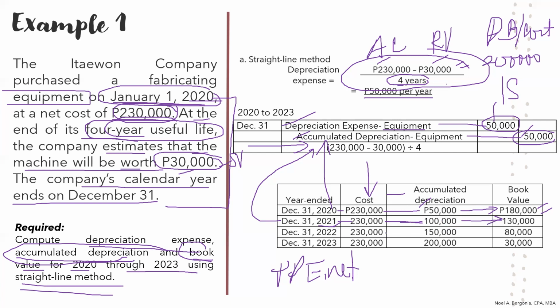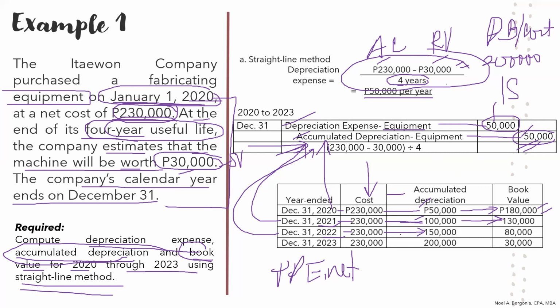Okay? And then in 2022, December 31, mag-i-entry ka ulit nito, 'di ba? Kasi nagamit mo siya after 1 year. So 230 pa rin yung costs. Tapos dahil meron ka ulit entry na accumulated depreciation, so from 100,000 in 2021 plus 50,000 sa entry ng 2022, thus the total accumulated depreciation is already 150,000.